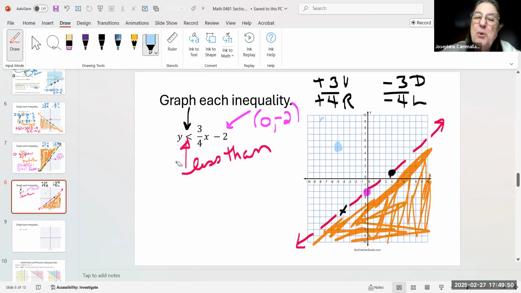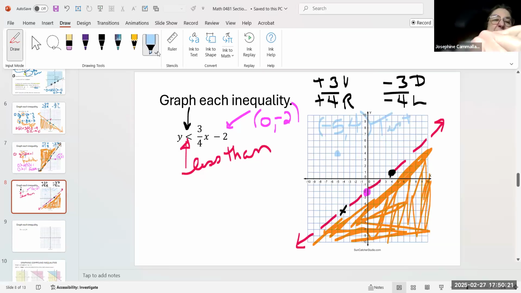Now that test point is -5, +5. This is my test, and it better come out to be false. Or let's make it even better, because I have a fraction here. How about if I make this point a +4 right here? That'll make my life easy.